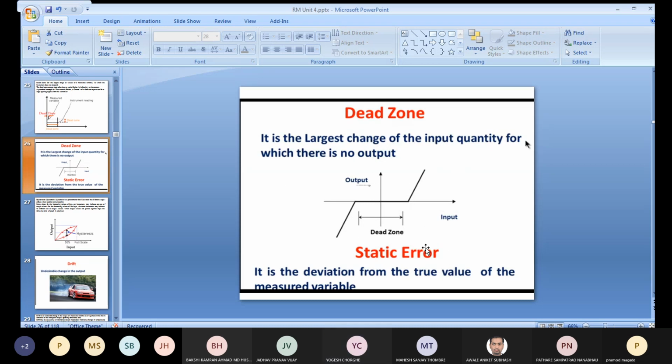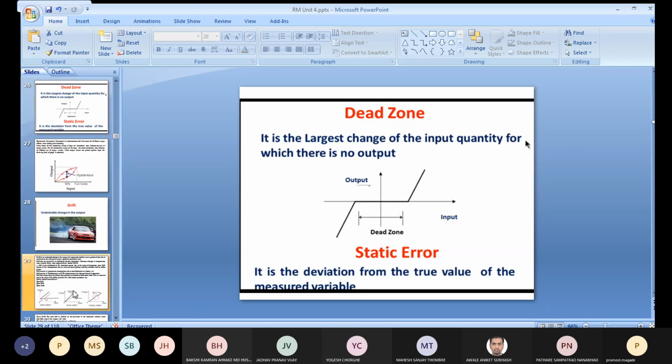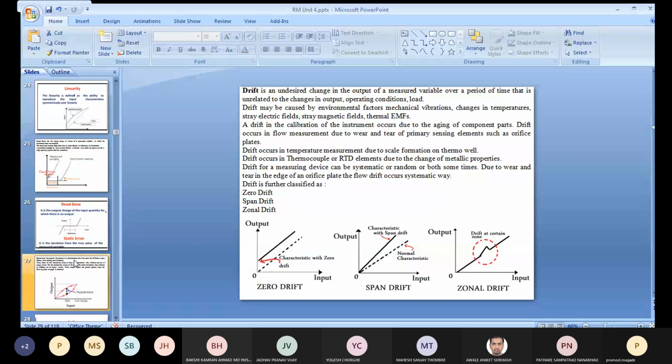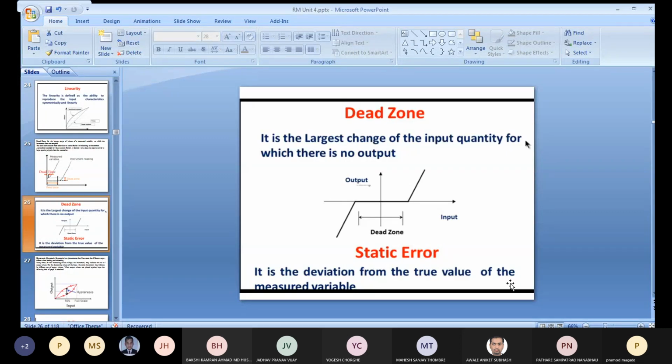Then static error. Static error is the error which creates a difference between the true value and the value calculated by the experimental setup. At the time of using the instrument, we must be aware of static errors, that is, the deviation between the true value and the measured value. Here I have mentioned some points related to static errors, but the important thing is we must know what static error is.